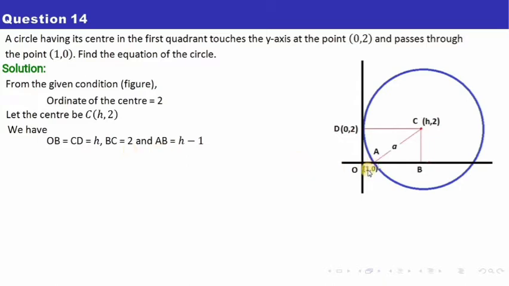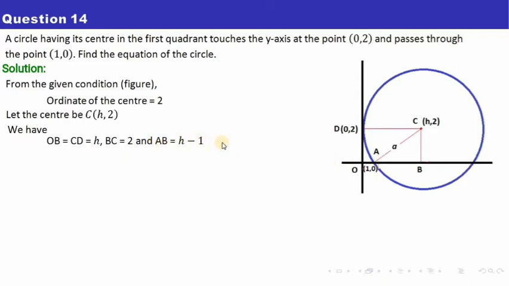This is 1, because the coordinate is (1, 0). So OA will be 1, and OB is h. So AB will be OB minus OA. OB is h and OA is 1, so AB will be h minus 1.